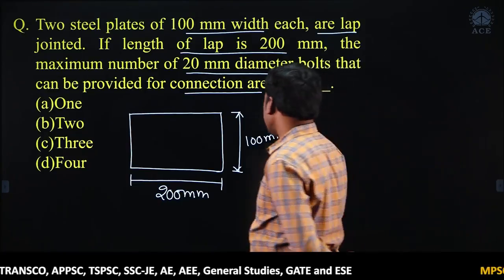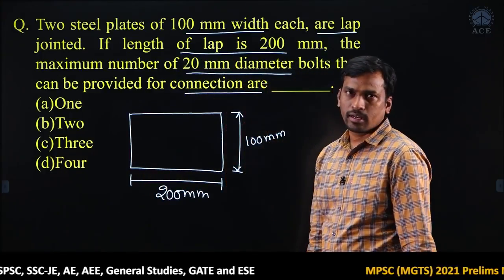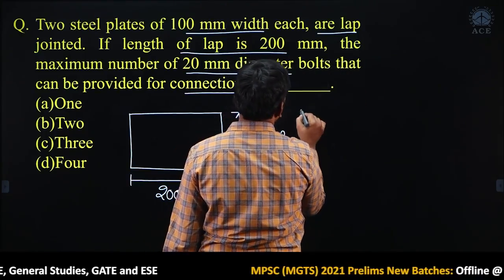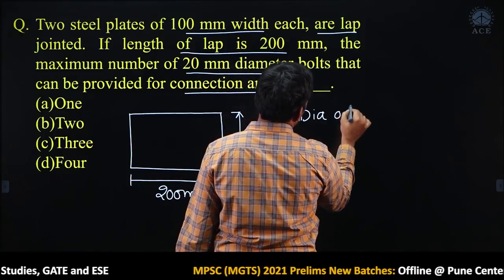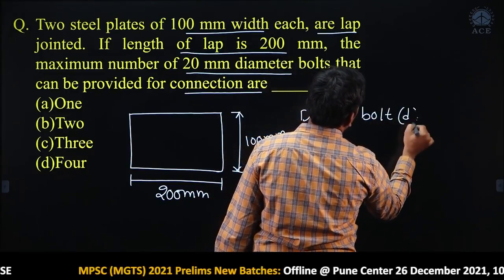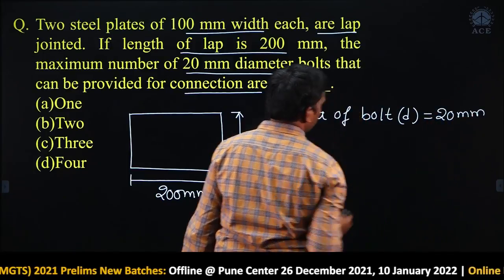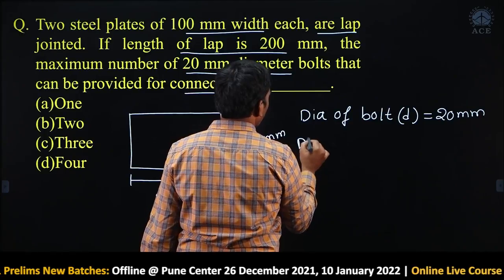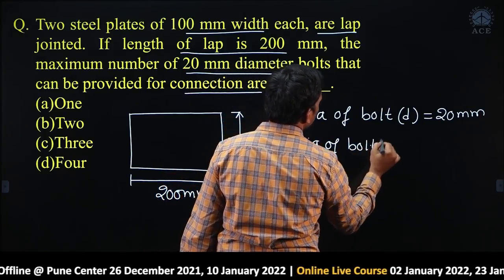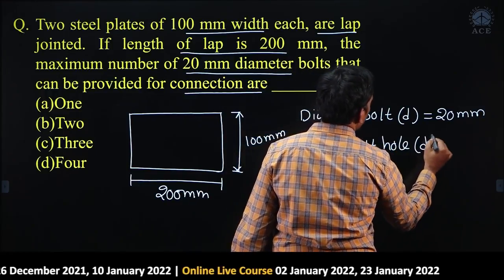Okay. So, in the question, the diameter of bolt is given, it is nothing but the nominal dia of bolt, D, that is 20 mm. Then we have to find the dia of bolt hole, D naught.